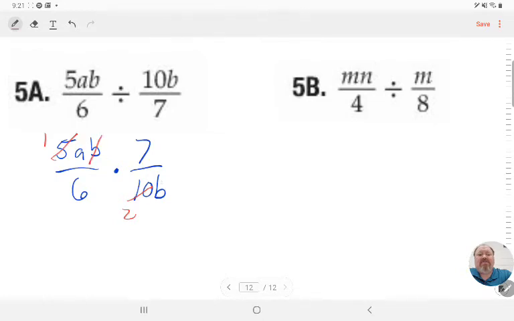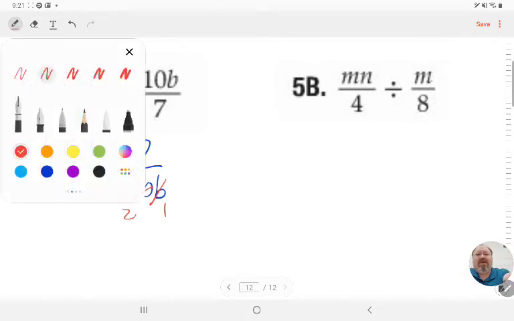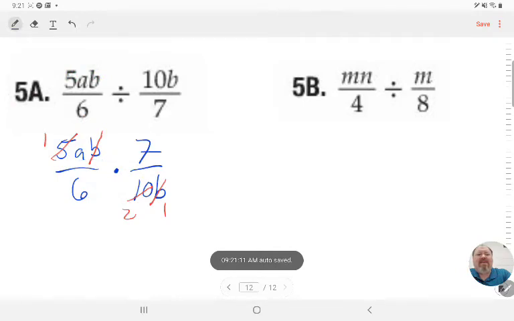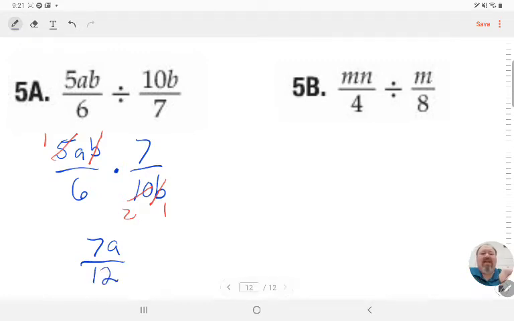There's a B on the numerator, a B in the denominator. So that becomes, let's change that back, A times 7 is 7A, and 6 times 2 is going to give me 12. So 7A over 12. All right, let's look at the next one.